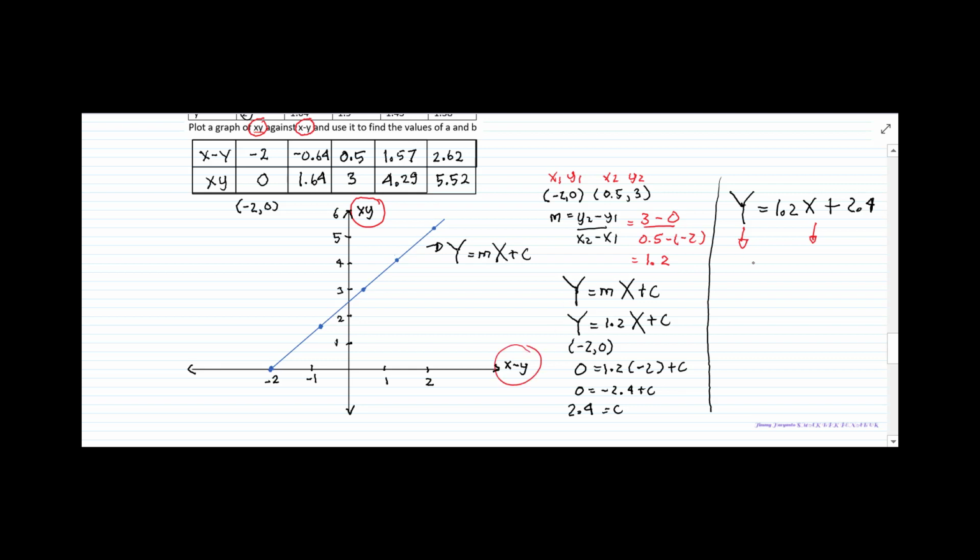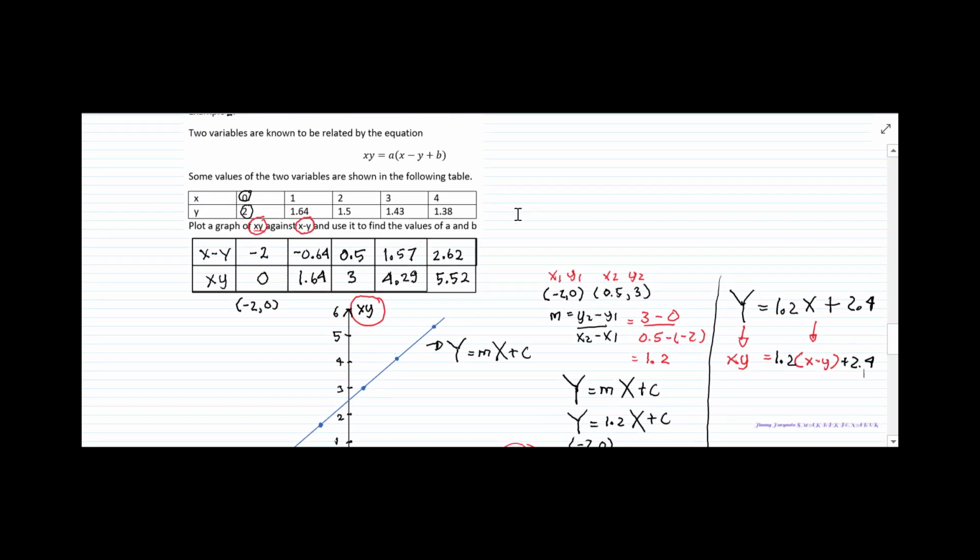Okay, the axes are XY, so we change the big Y into XY, and then 1.2 is the same, and then big X changes into X minus Y, and then plus 2.4. Now we have to find the A and B, right? I will copy the question for you.